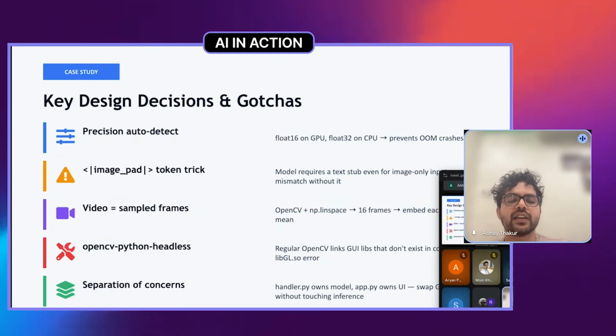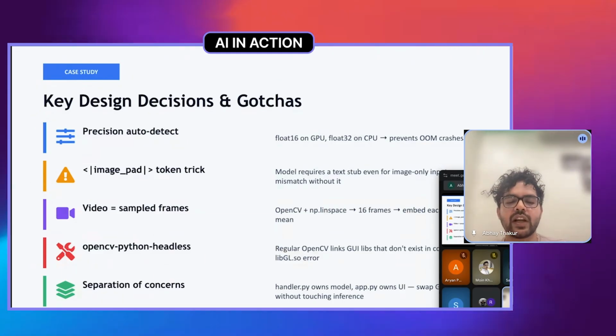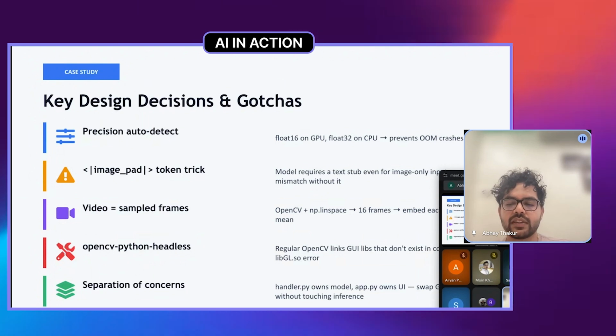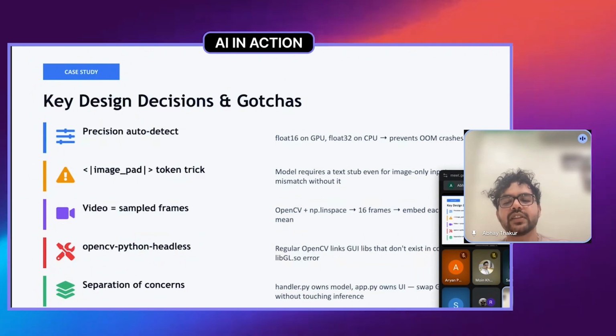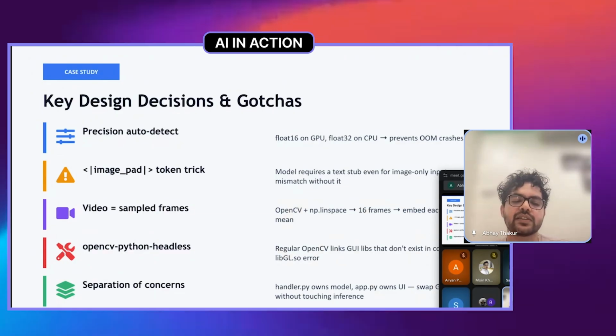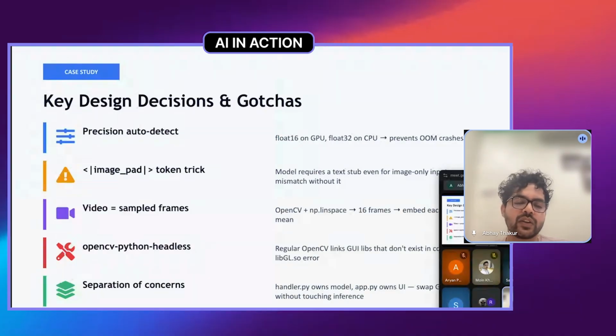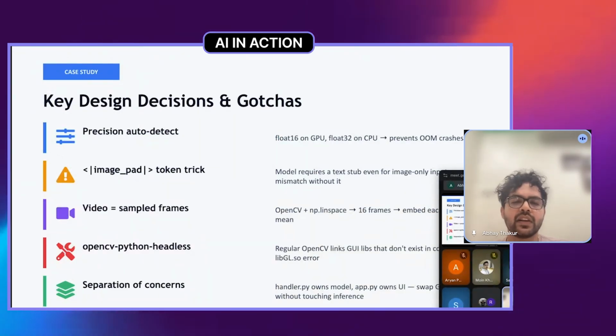Using Python headless so that the GPU does not get involved. And separation of concerns, so that if I want to expose these through APIs after I'm done testing in Spaces, I just need to change the app.py file from a Gradio initializer to a FastAPI or something like that.